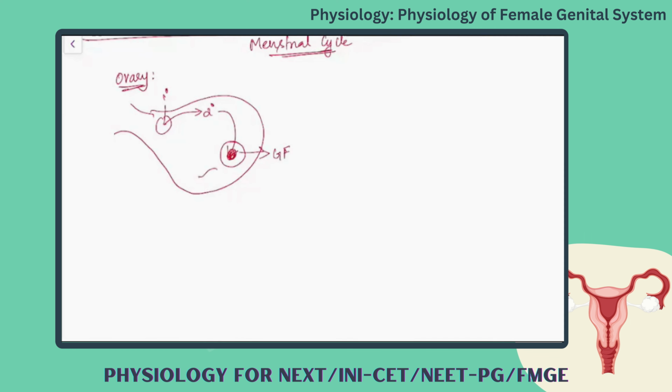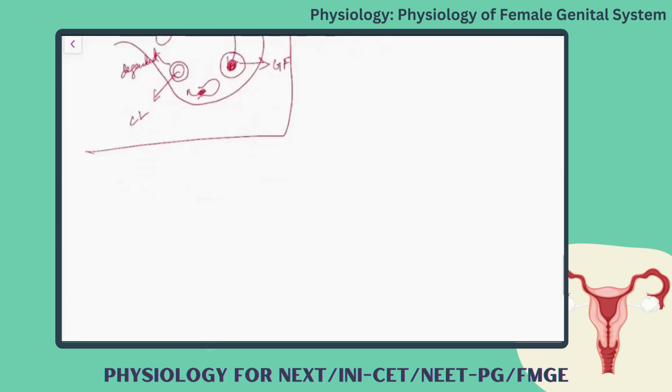And this Graafian follicle at one stage releases the ovum out. Okay, and now only the covering of the follicle becomes corpus luteum until the fertilization is taking place. If the fertilization is taking place, this corpus luteum will maintain its integrity for nearly 4 to 5 months. Okay, and then if not, this will be degraded.